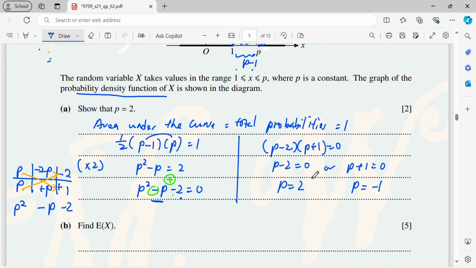So therefore, this is not acceptable. Not accepted. Therefore, your p is 2. So shown.